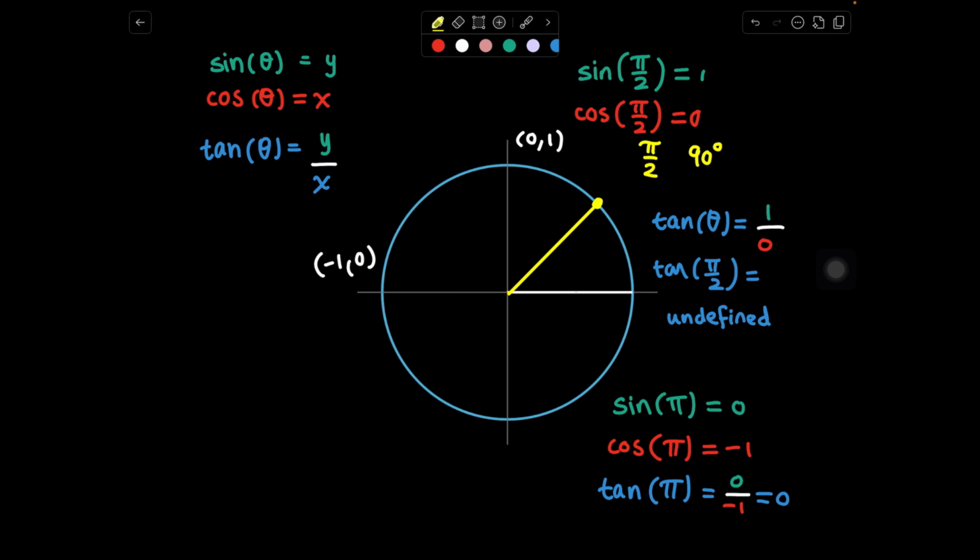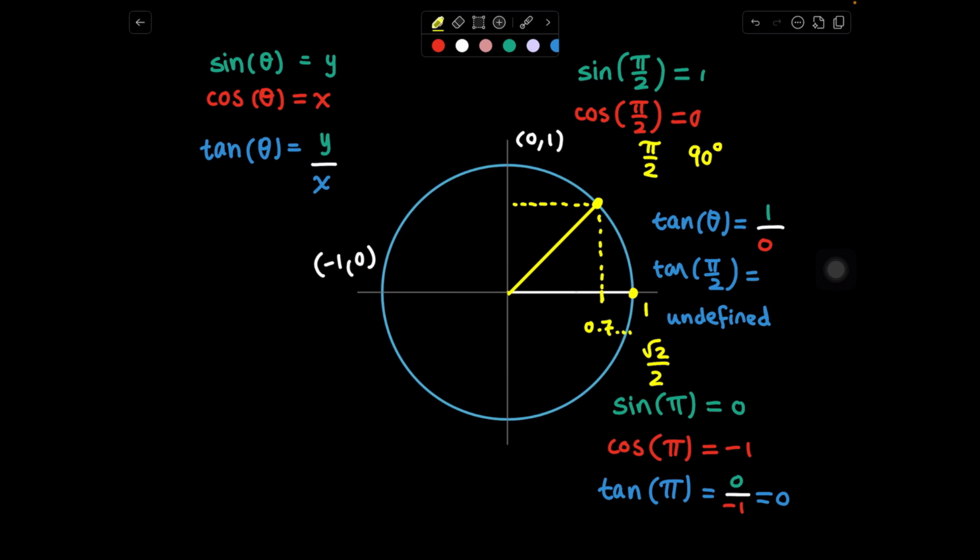The problem with this is it's a bit of a hard coordinate to read. You don't know exactly what that x value is because this is 1, but what's that? It looks like 0.7 something. And that is what the answer would be. The answer would be root 2 over 2 for cos of 45 or cos of pi on 2.